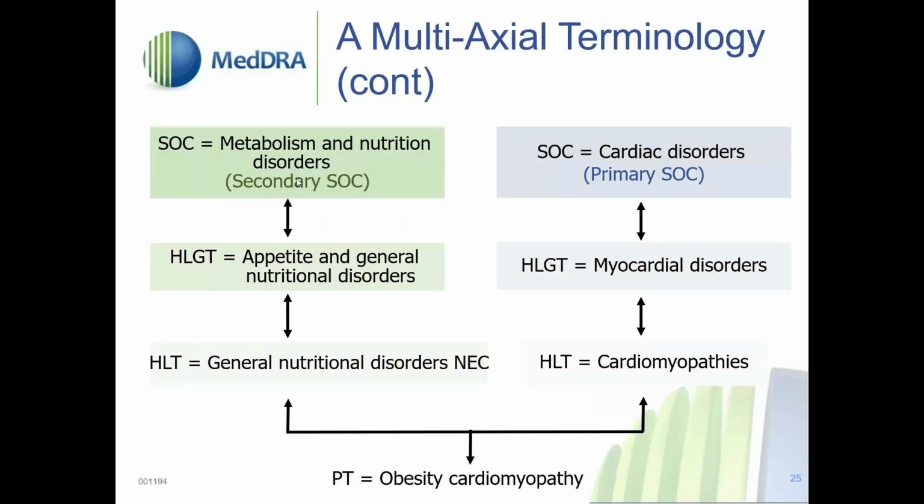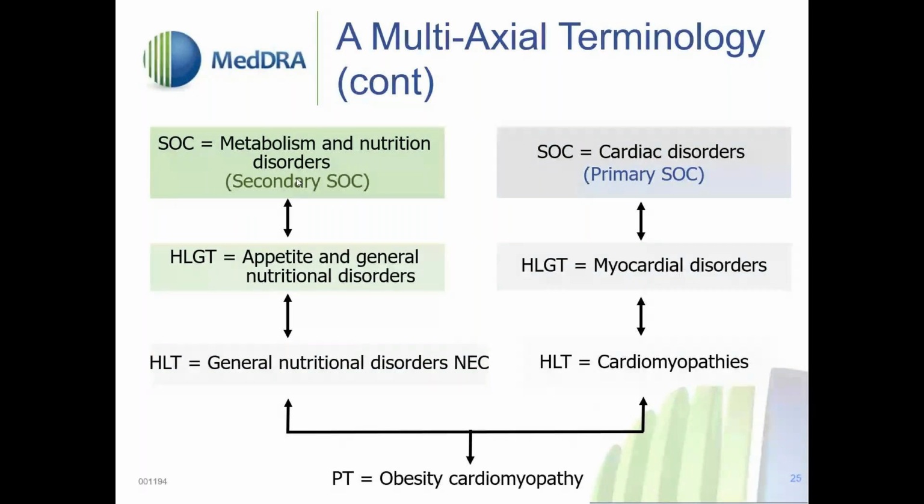Please note that a PT can have any number of secondary linkages, not just one or two. Especially in SOC congenital, there are PTs that represent very complex congenital anomalies affecting multiple body sites. They may have up to 7 secondary SOC linkages, like for example the PT Charge syndrome.